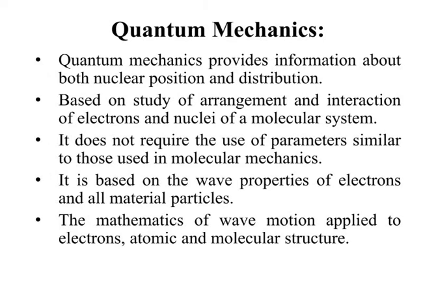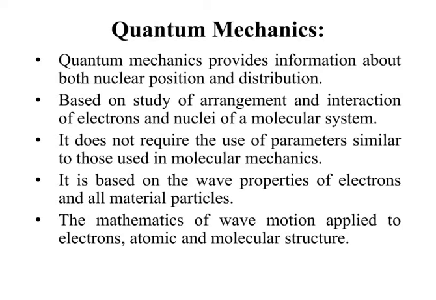So, quantum mechanics. Quantum mechanics provides information about both nuclear position and electron distribution. It is based on a study of the arrangement and interaction of electrons and nuclei of a molecular system. It does not require the use of parameters similar to those used in molecular mechanics.